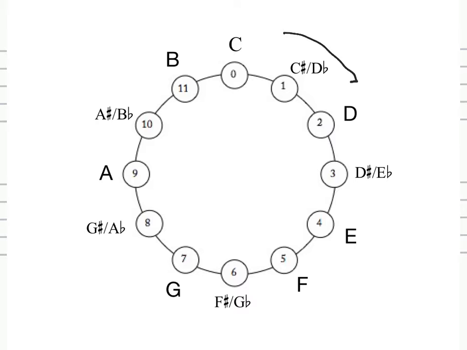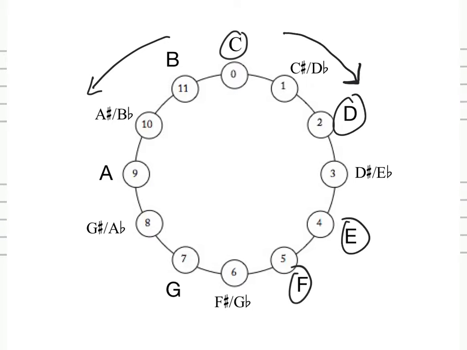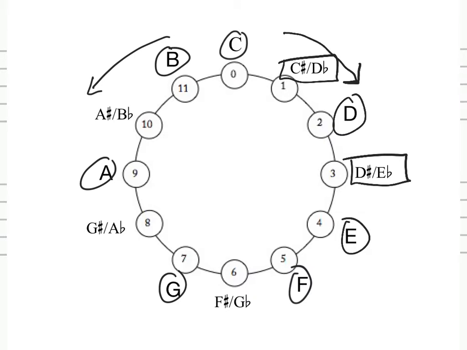If I go clockwise, I'm going higher in pitch. If I go counterclockwise, I'm going lower in pitch. And notice that these notes here that I'm circling are like the white keys on the piano, and these notes here that I'm putting in boxes are like the black notes on the piano.